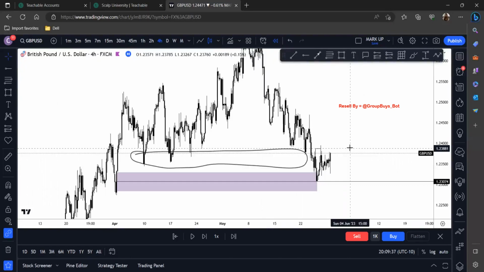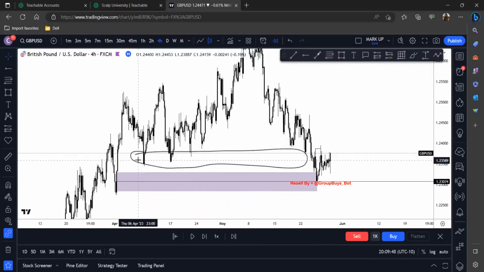Always ask questions, but this is what I always look for. This is pretty much my bread and butter on the higher time frames. This is always what I want to see. I always want to see a higher time frame POI get tapped, because the higher time frames give me more confidence in a more precise entry on the lower time frame.